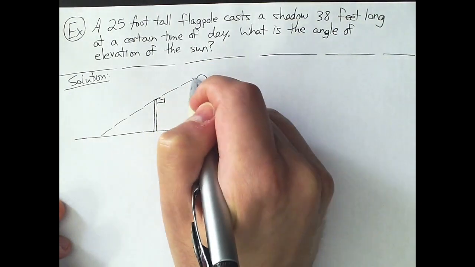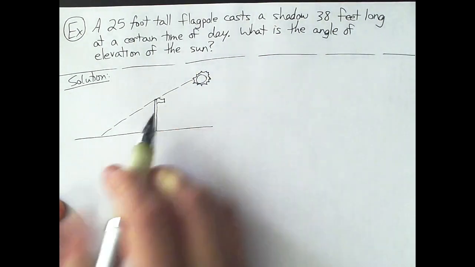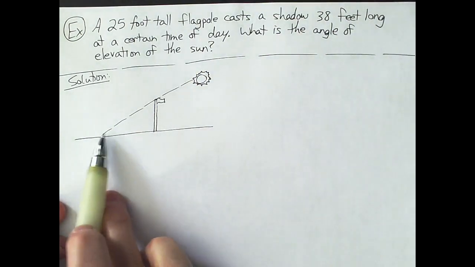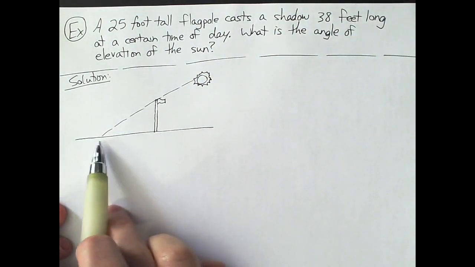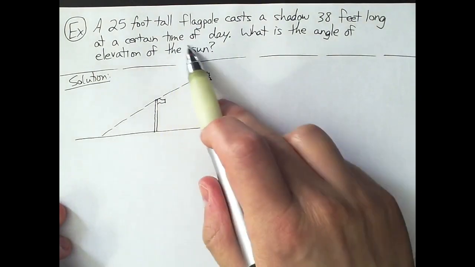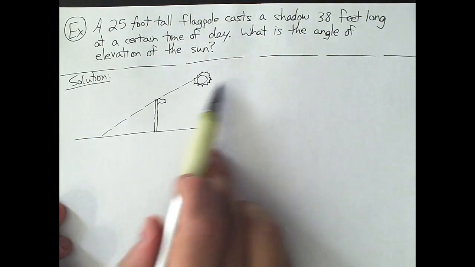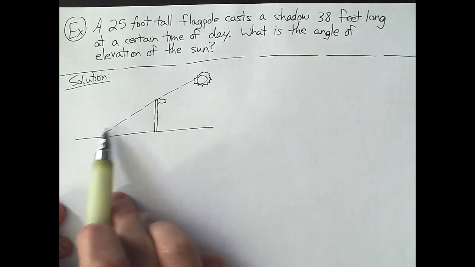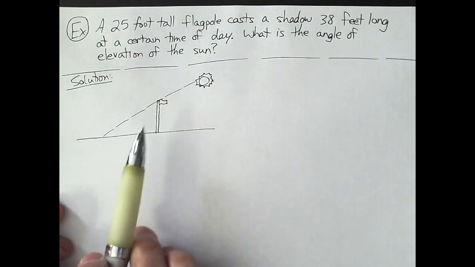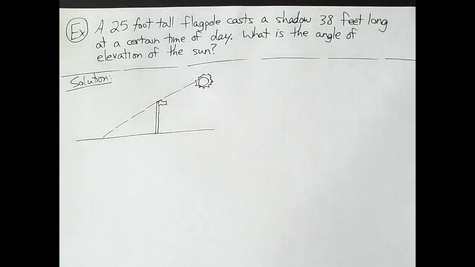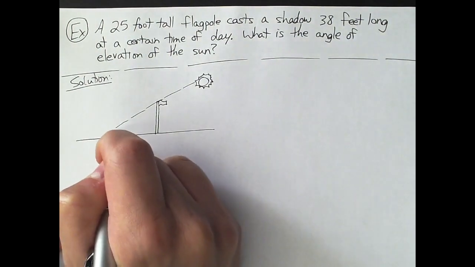Now, just by drawing this, it seems like I'm making some assumptions about what the angle might be. I mean, how do I know that it's like this? Maybe the sun is up here making a different angle, or maybe the sun is over here relative to the flagpole, making a different angle. For the picture, it's not really that important. We just want to make an angle so that we can label it theta.